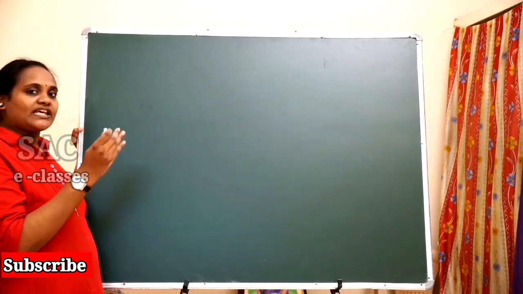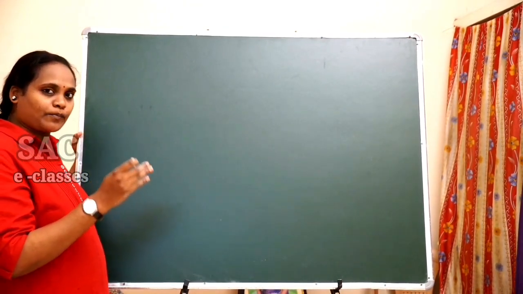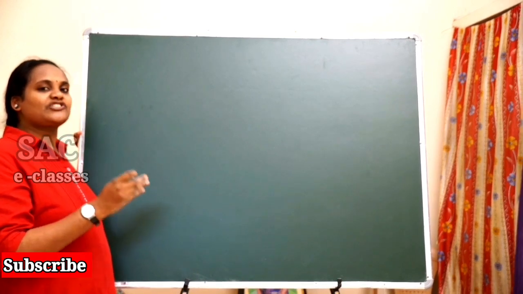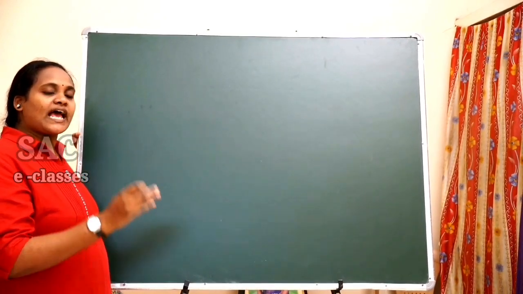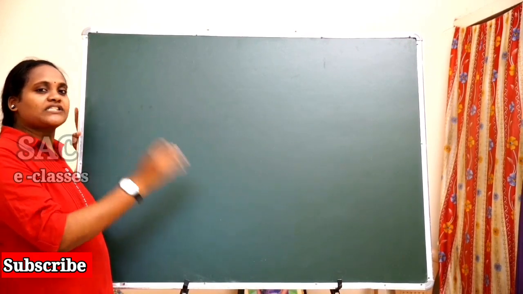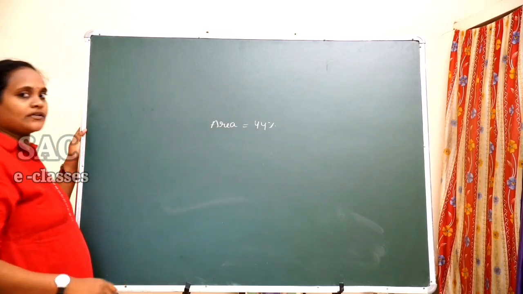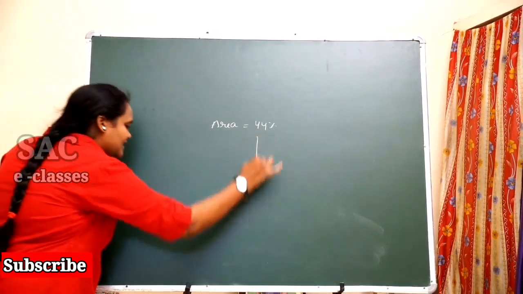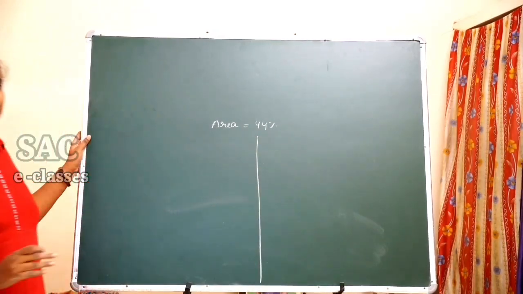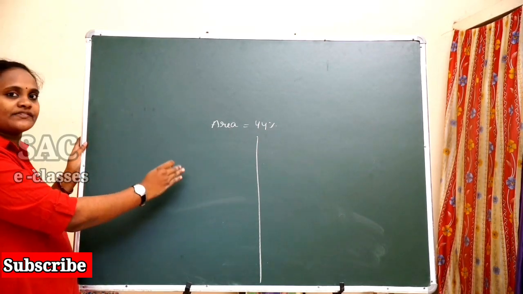If the area of a square is increased by 44%, then what is the change in the side as well as the perimeter of that square? First of all, I am explaining in the traditional formula method how to find the change in the dimension of a square.